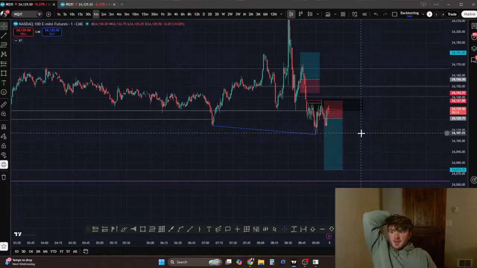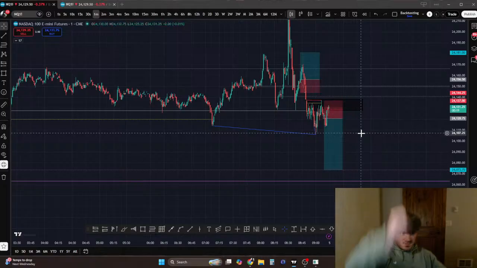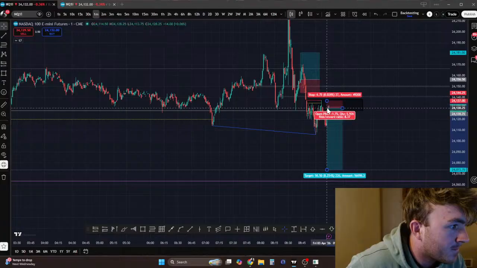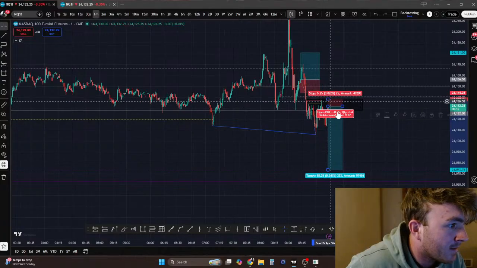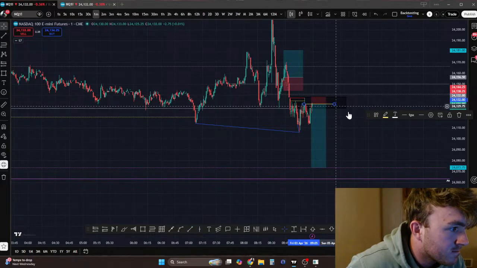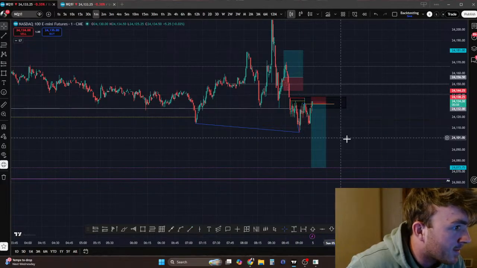We might end up using this rejection block. So check out this rejection block, this rejection block might reject this. Let's try this on paper just for fun.